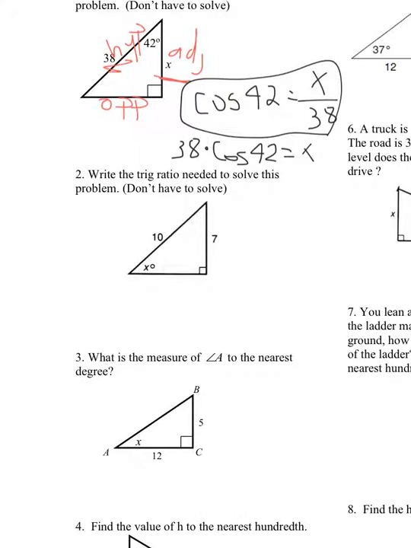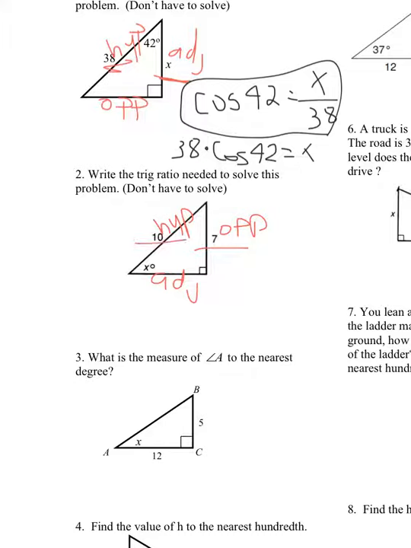Number two, same thing, write the trig ratio needed, but this time we're looking for the angle. So from x, that's opposite, that's hypotenuse, sorry, and that's adjacent. So opposite and hypotenuse have our information.